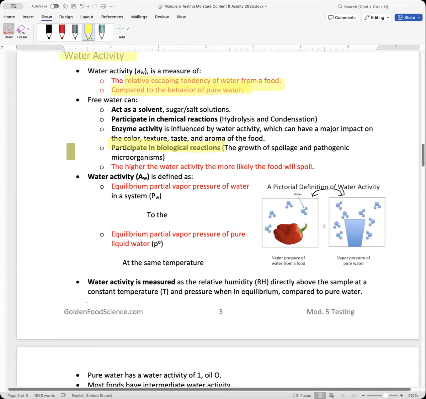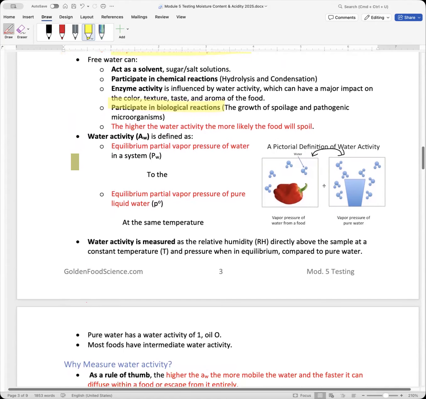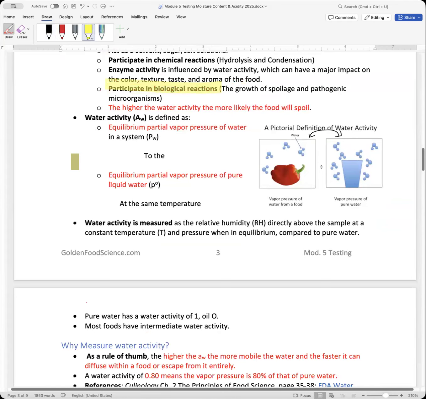The higher the water activity, the more likely the food will spoil. If you want the technical definition, it's the equilibrium partial vapor pressure of water to the equilibrium partial vapor pressure of liquid water, pure water, at the same temperature.